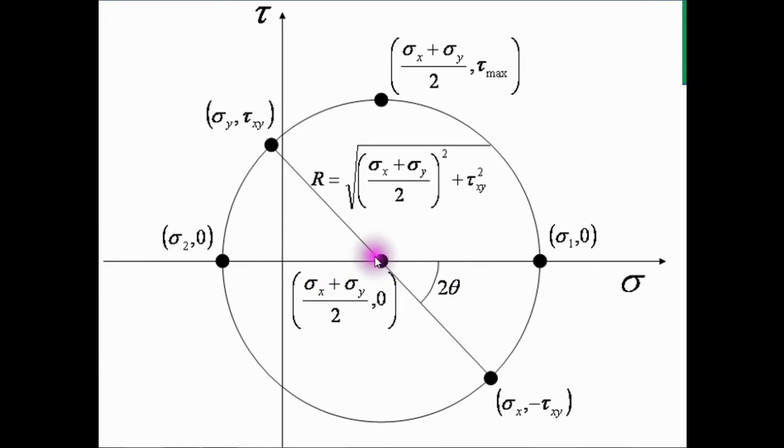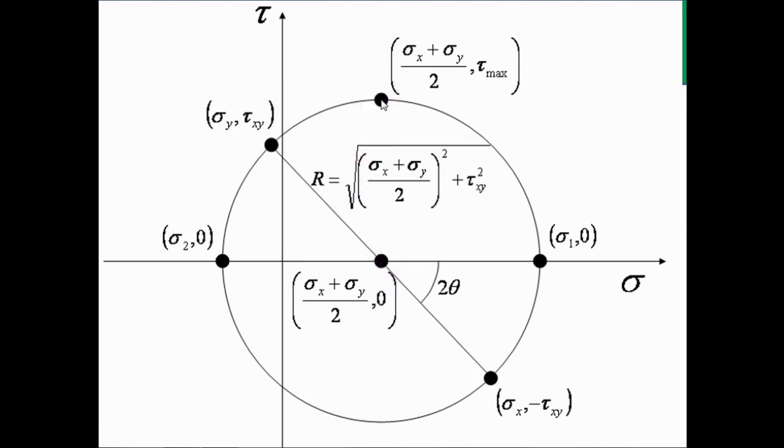The center of the Mohr circle is given by this coordinate and the radius of the Mohr circle is equal to tau max, maximum shear stress, and is given by this formula. Then the plane of maximum shear stress is the line joining this point to center point of the Mohr circle.